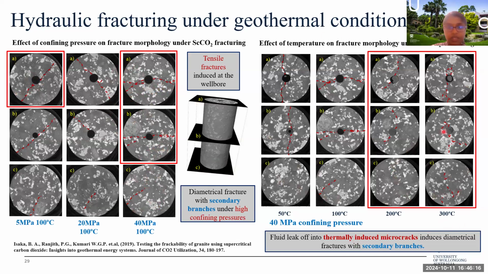One thing we observed is at high temperatures like 200, 300 degrees, fractures do not propagate along the full length of the rock specimen. Instead, the microfractures were directed into the circumferential periphery of the rock specimen. This caused leakage of CO2 into the membrane along the fluid flow paths made from the microcracks.